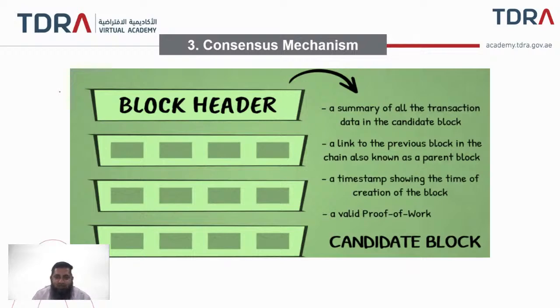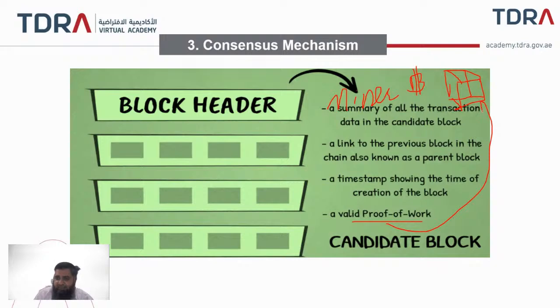Similarly, as I talked about the miners in the previous slide, the miner gets Bitcoin as a mining reward. But before the block is added to the blockchain, the miner has to put in some effort, and this effort is called proof of work.